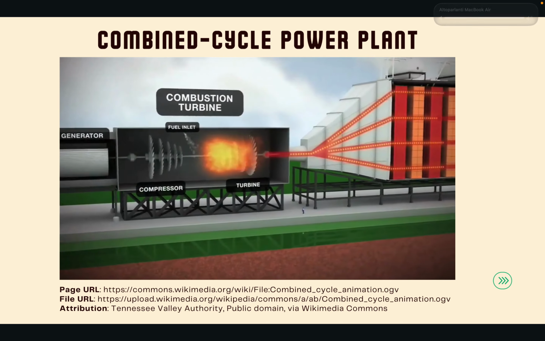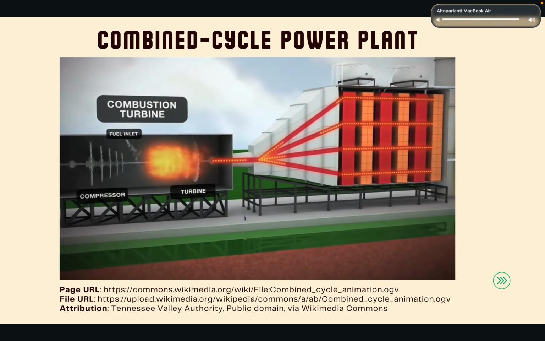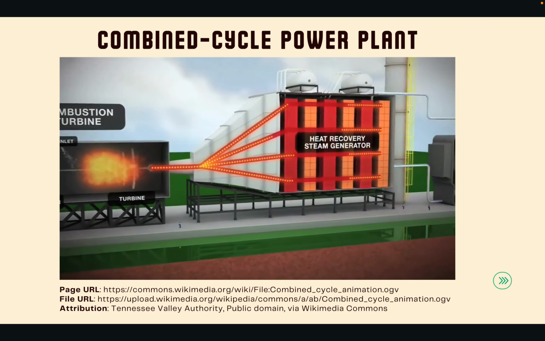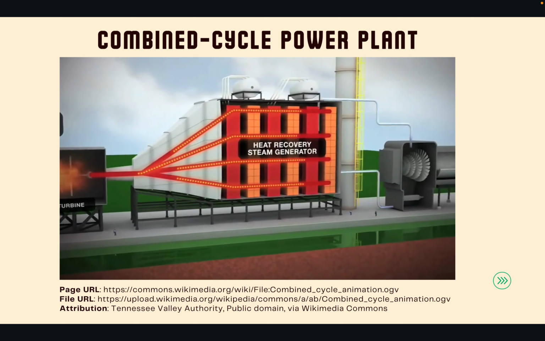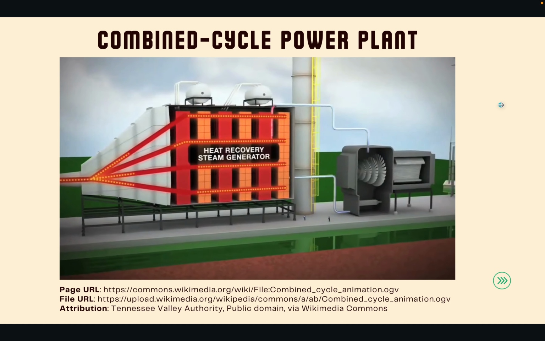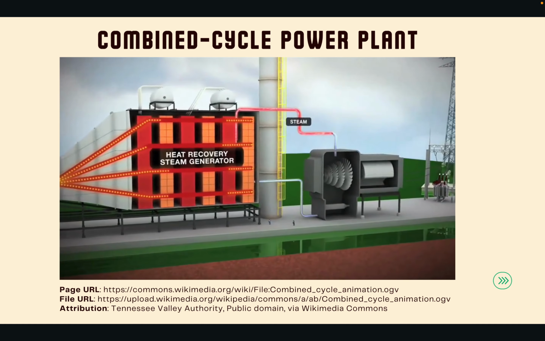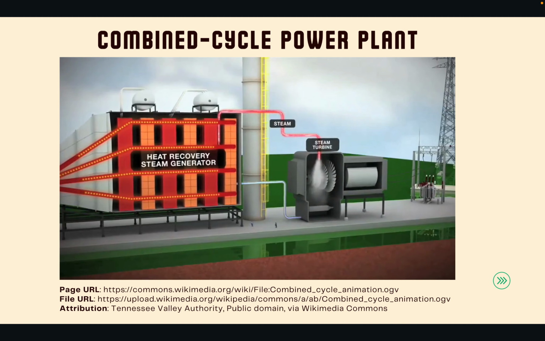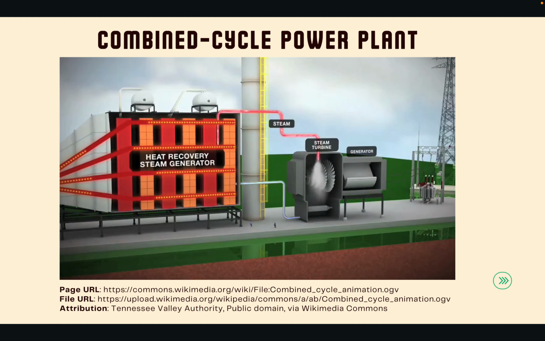Hot exhaust normally lost during this process is captured and routed through the two heat recovery steam generators. These units boil water to create steam, which spins an additional turbine generator and produces more electricity. Finally, the steam is discharged into a condenser, which returns the steam to its liquid state for recycling.